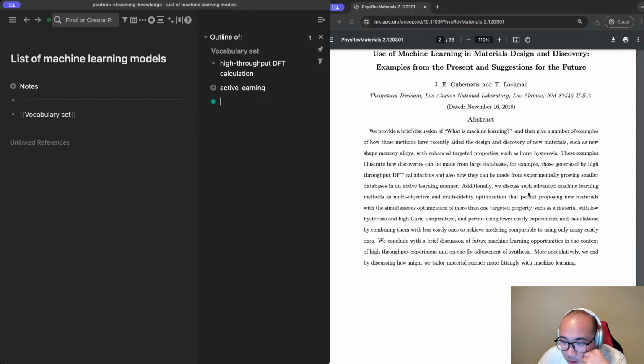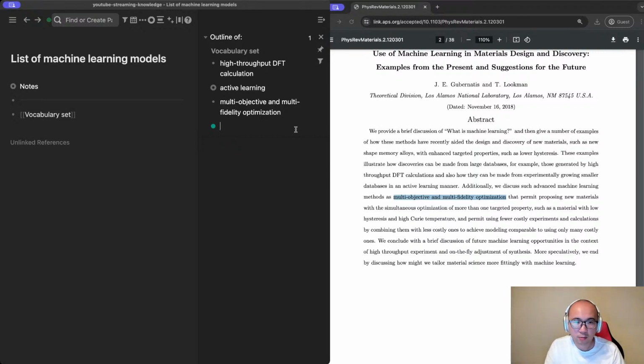Additionally, we'll discuss such advanced machine learning methods, multi-objective and multi-fidelity. This is a really big word, multi-objective and multi-fidelity optimization.